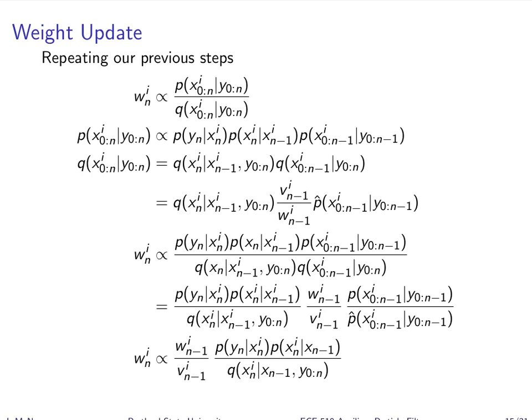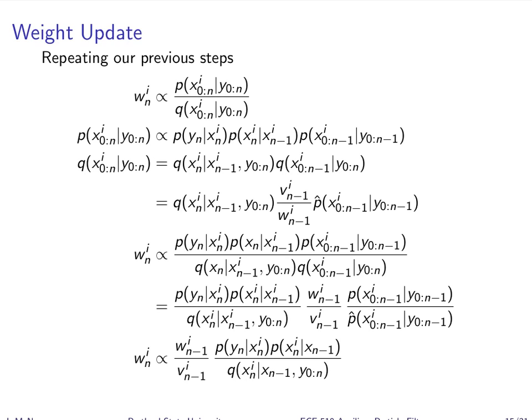And now we've chosen our importance density, so it factors as whatever the probability is that advances the state from the previous time step to the current time, multiplied by this new probability that we're going to use, that we know from the previous slide can be expressed as a ratio of the new parent weight divided by the old particle weight times our estimate of the previous joint.